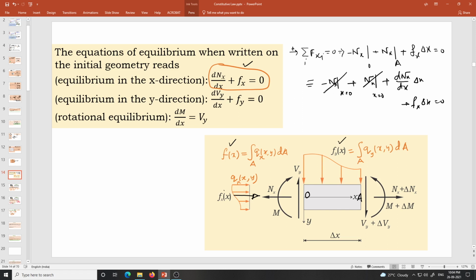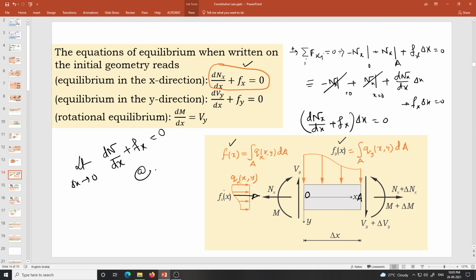Now, this term cancels this term, so we get (dnx/dx plus fx) times delta x equals 0. As you all know, delta x is finite, it is different from 0, so we eliminate it from both sides. Now, if we set delta x tends to 0, that means we approach the point O, we get that this relationship is valid: dnx/dx plus fx is 0 at x equals O. That is the equilibrium equation at the point O.